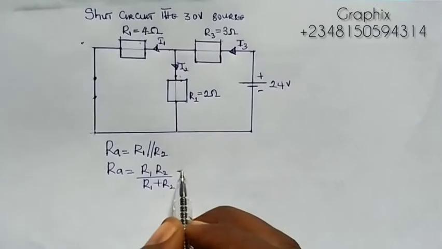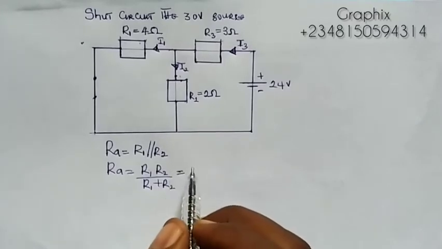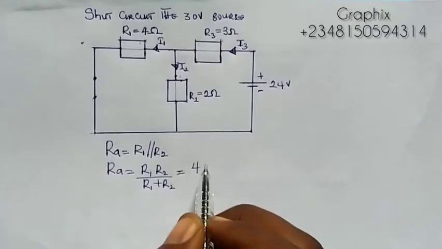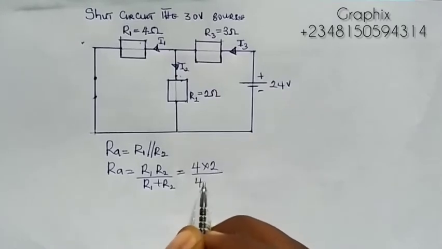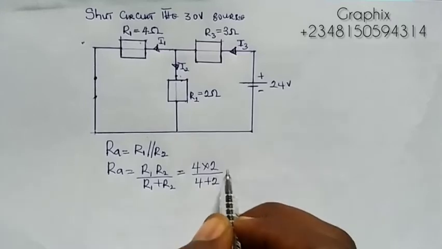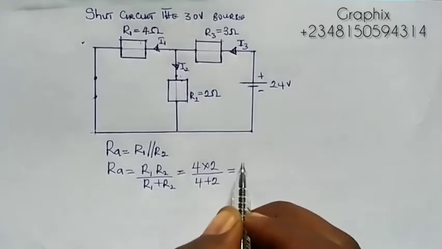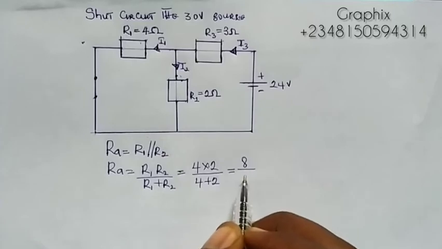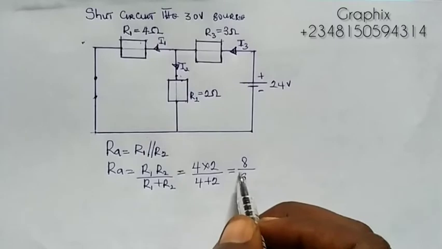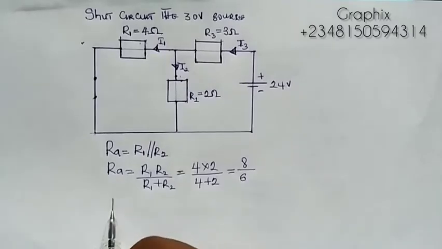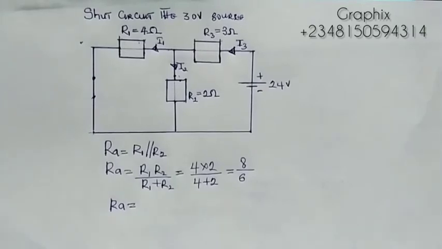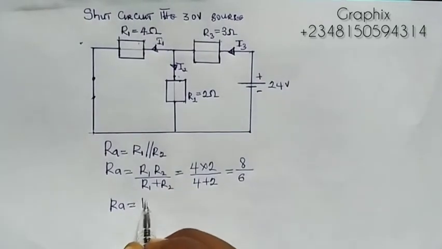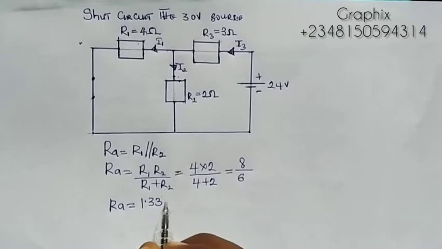So, this will give us R1 is 4 ohms times R2 is 2 ohms all over 4 plus 2. So this will be equals to 8 all over 6, and 8 divided by 6 will be, so my RA will be equals to 1.33 ohms.